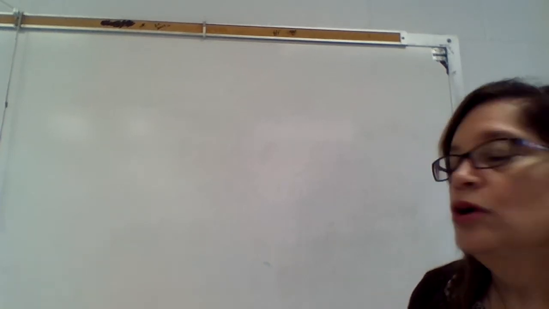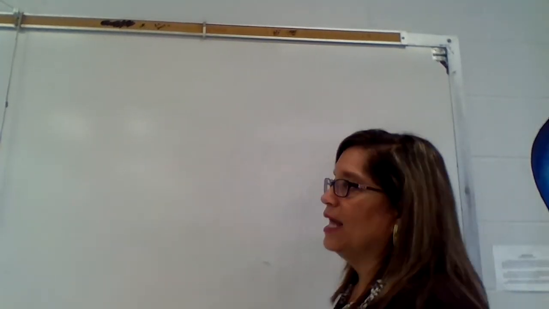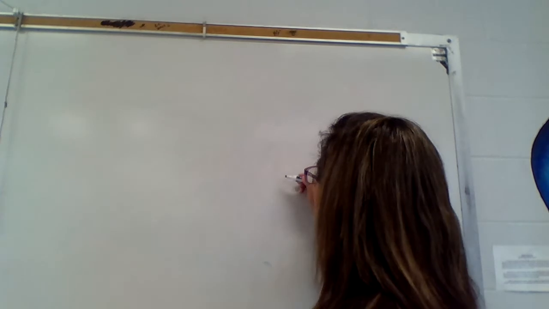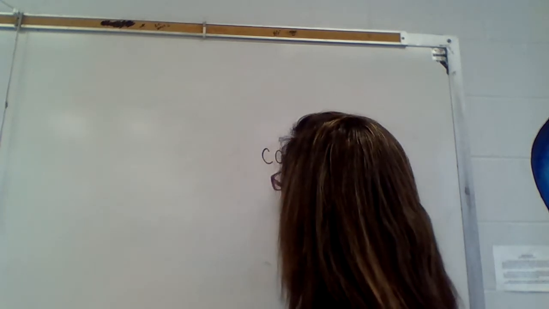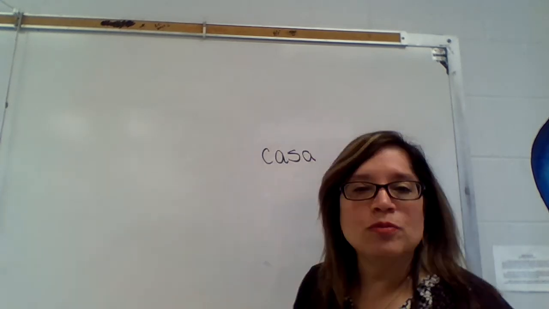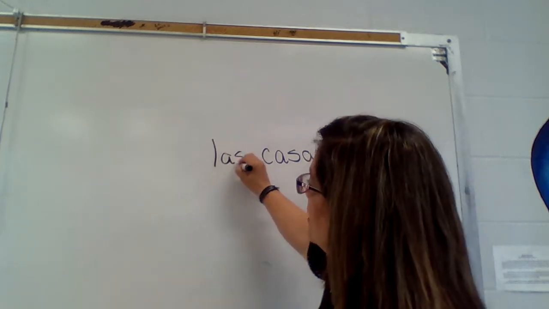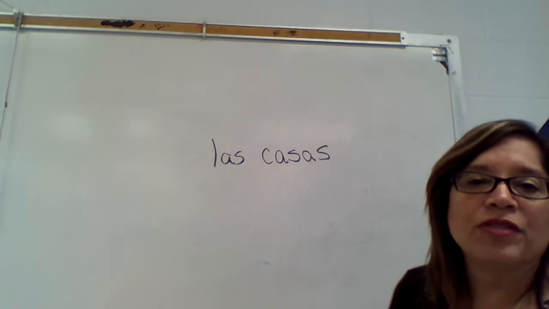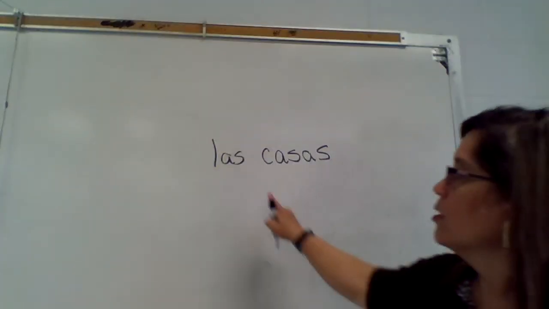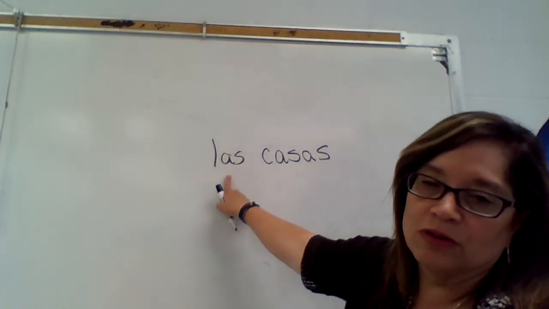Now, of course, in Spanish, like in English, we also have nouns that are plural. So as an example, if I say, again, the noun casa, and if I want to make it plural, I add an S. Las casas is the article that will go in front of it because it has to be a plural article too.